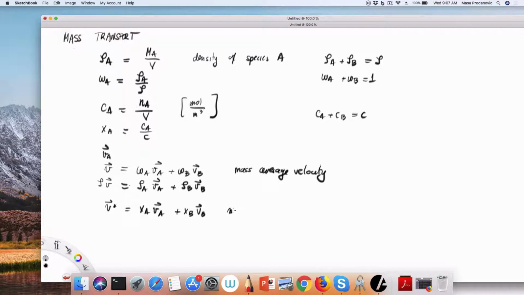So that is my mole average velocity. And if I multiply this by C, then in formulas C V star is C A V A plus C B V B.